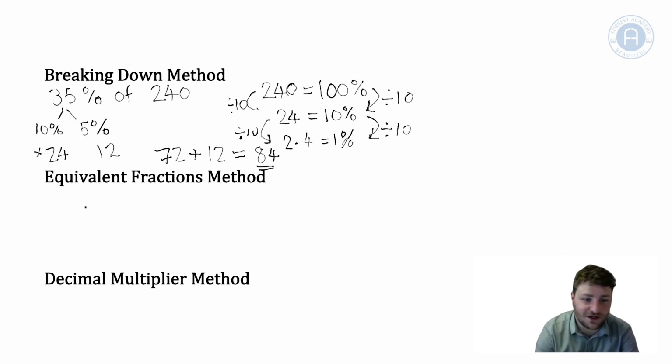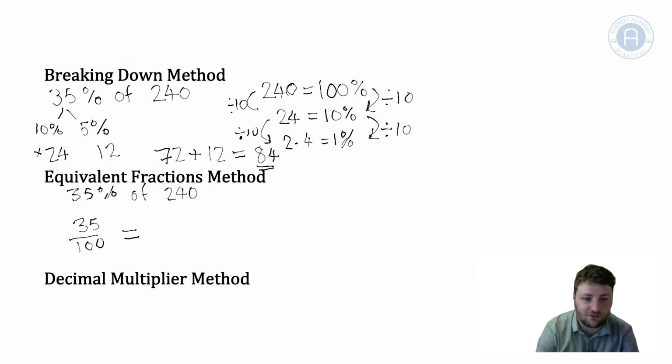The equivalent fractions method is by thinking of this question as a fractions question. So again, we'll think 35% of 240. So we can think of 35% as a fraction. We know percentages are out of 100, so that 35% is going to be 35 over 100.